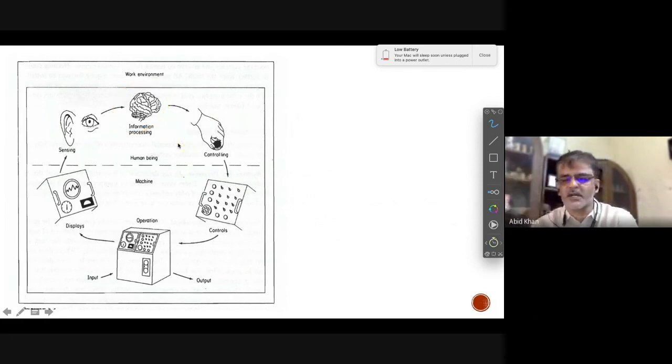So this is a kind of feedback system: what you see, what you process, and how you react. On the machine, you have displays and controls. According to displays, you have to react and perform. This is what we call a system of human-machine interaction.